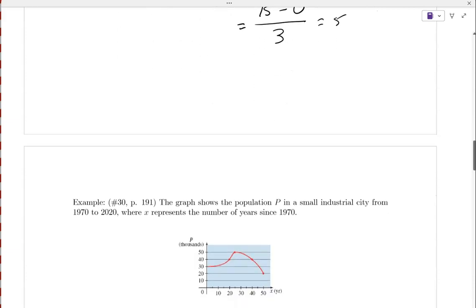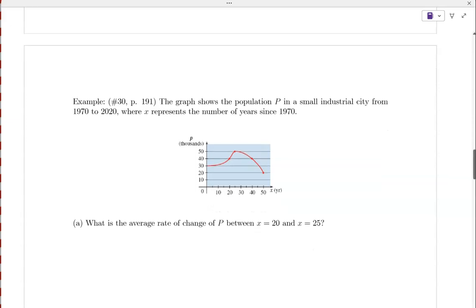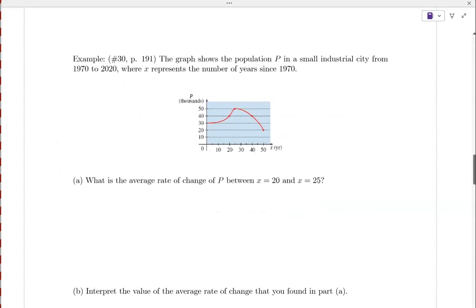All right. So let's see if we can do a word problem involving these things. This is number 30 in your book in section 2.4, on page 191 if you have the actual honest to goodness book. Rather than giving us an explicit definition of a function, they gave us a picture of a function.